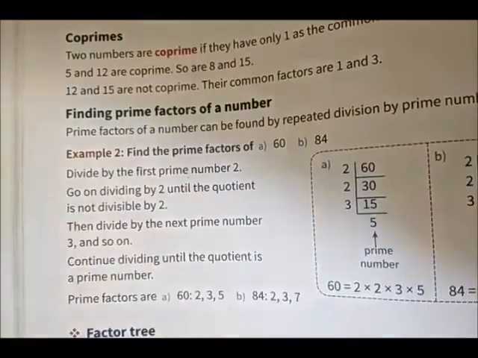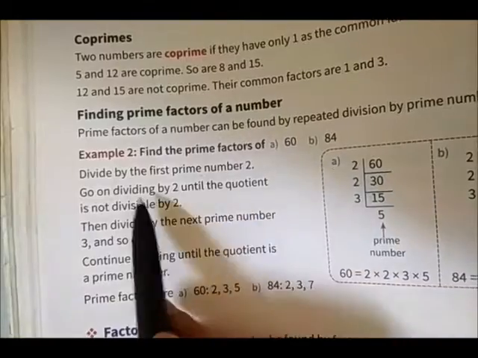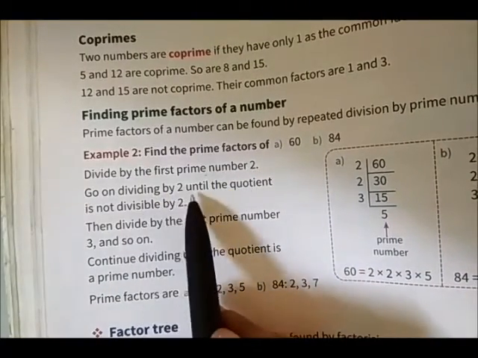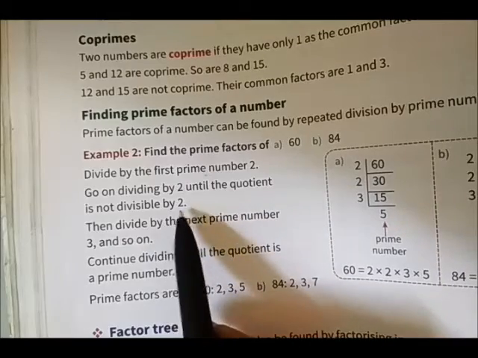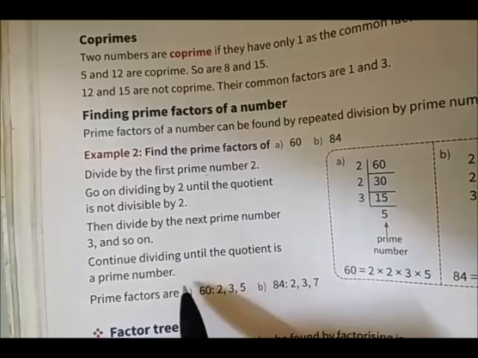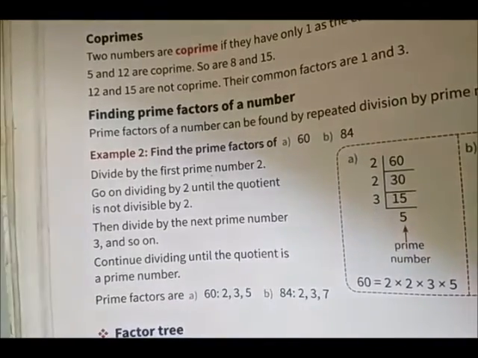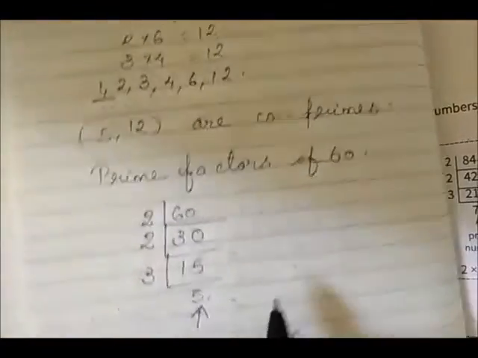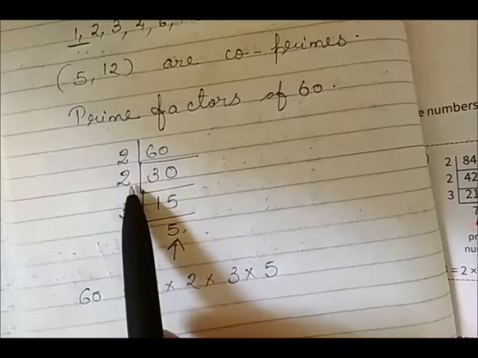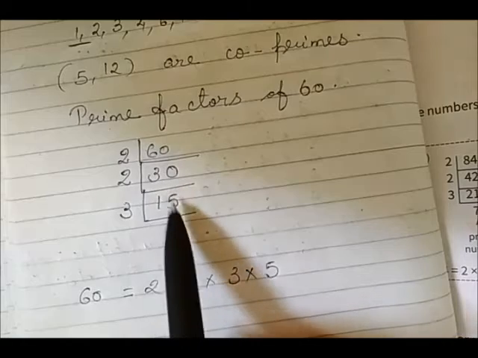Clear? So we will see once again. Divide by the first prime number, 2. Go on dividing by 2 until the quotient is not divisible by 2. Continue until the quotient is a prime number. Here we have seen that 60, we started with the smallest prime number 2. Then again 2. Now it is not divisible by 2.